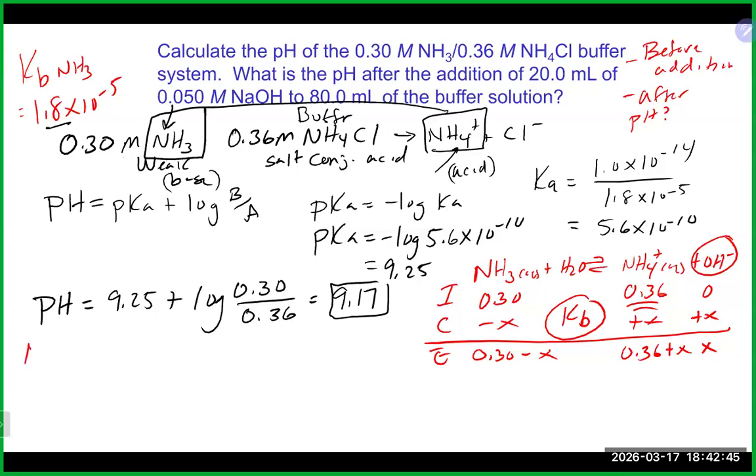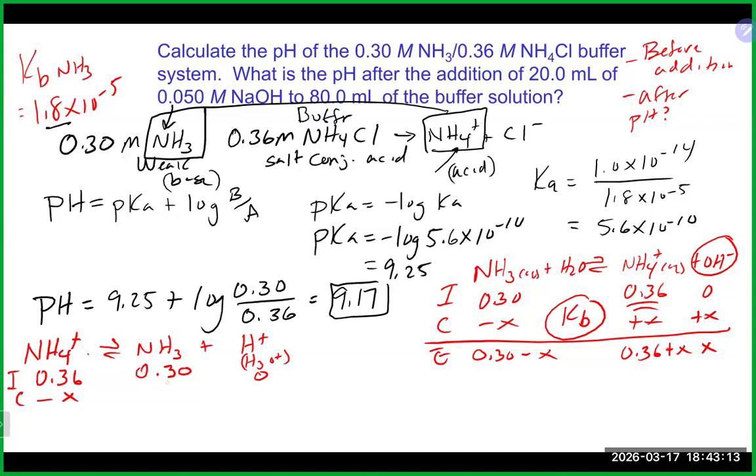You also could have done this and used the NH4 plus as a weak acid, dissociating into NH3 and H plus, or H3O plus if you like, whichever way you want to do it. You can put the water in as well on that side. If you chose this, initially this would be 0.36, this would be 0.3, and this would be 0.